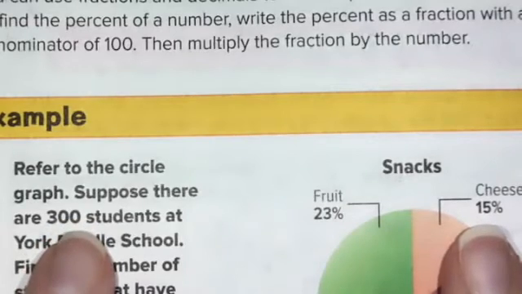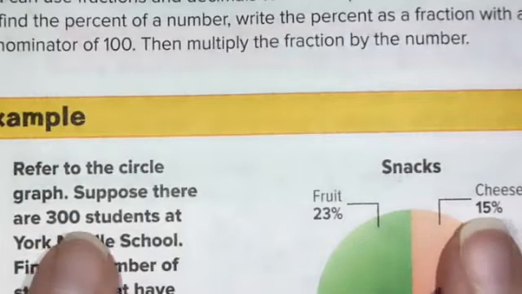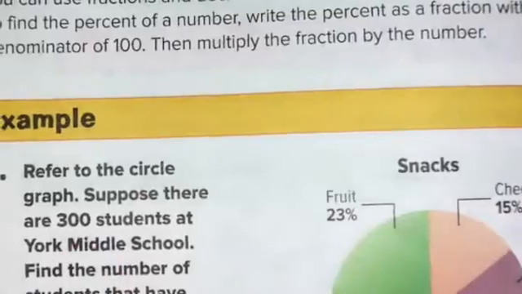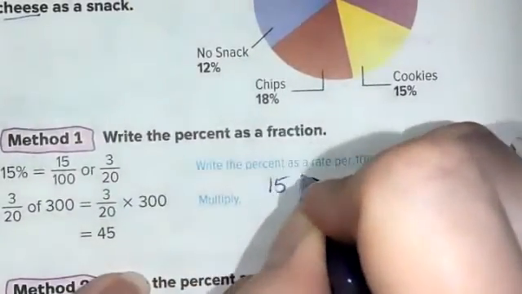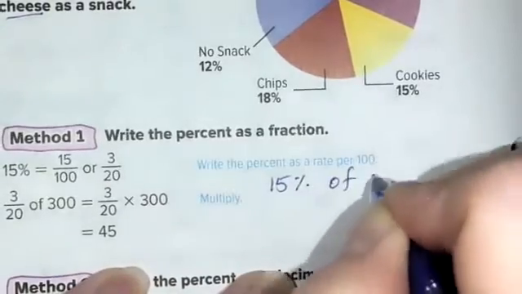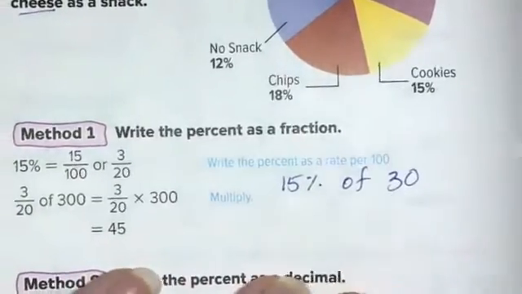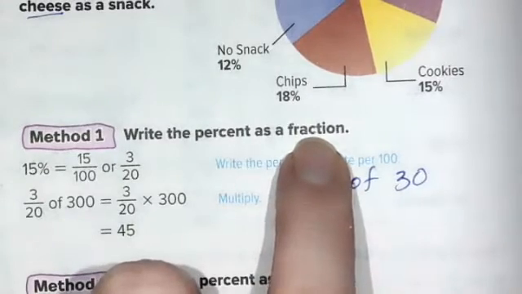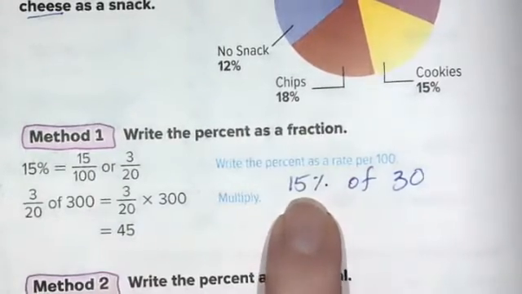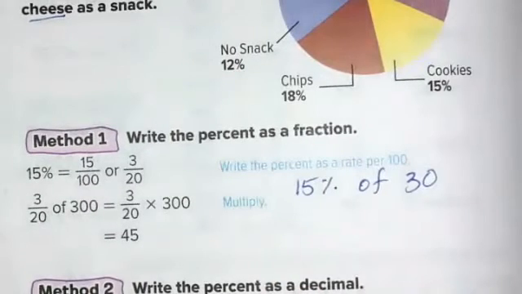But let's go ahead and do this with the algorithm, okay? So the question is 15% of 300. All right, so for the first attempt, we're going to use fractions. So 15% means 15 per 100. Remember, cent means 100.